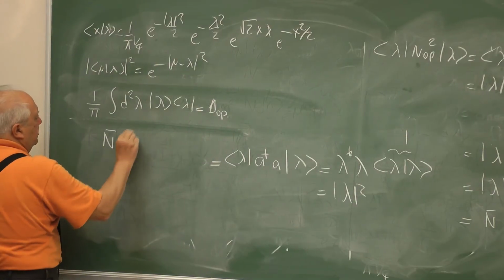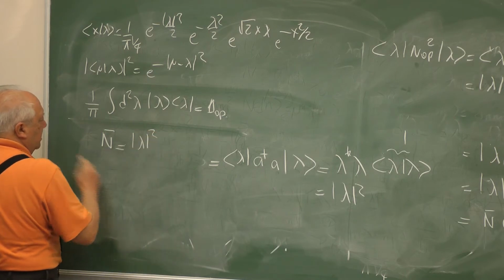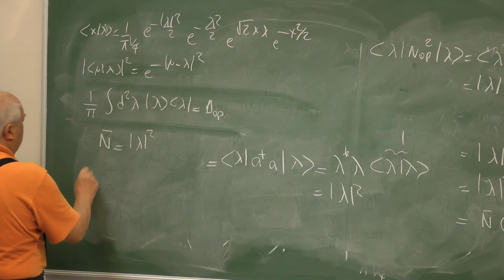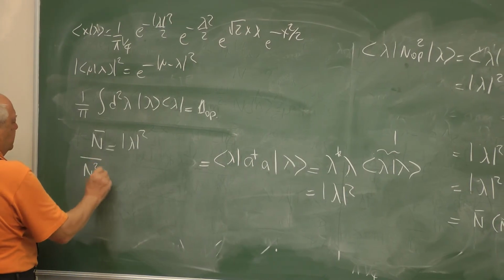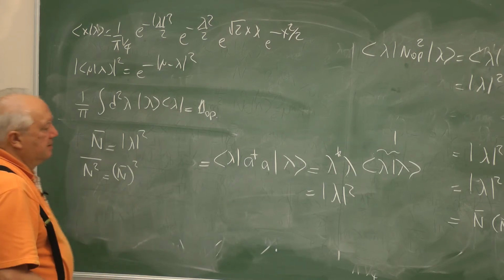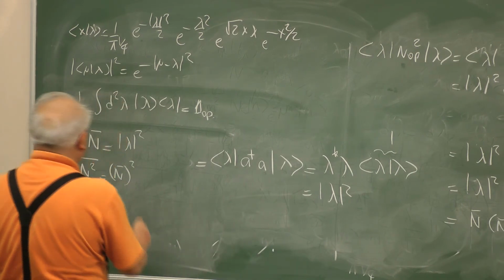n bar is equal to lambda square, and the n square average is n bar square plus n bar.